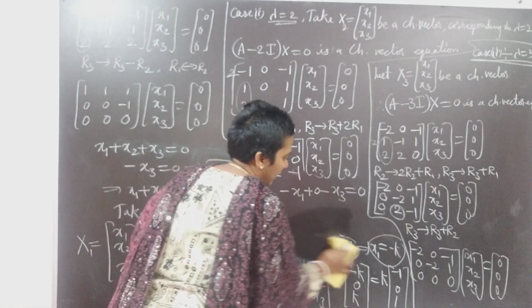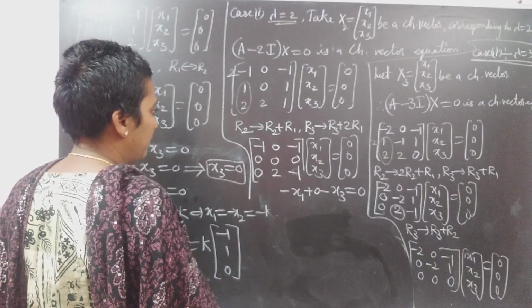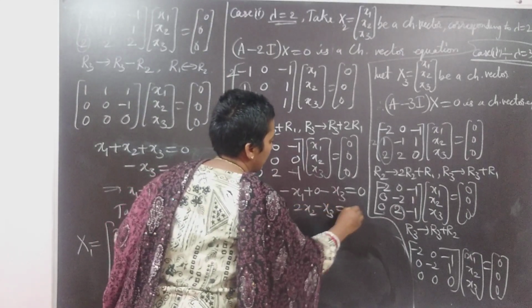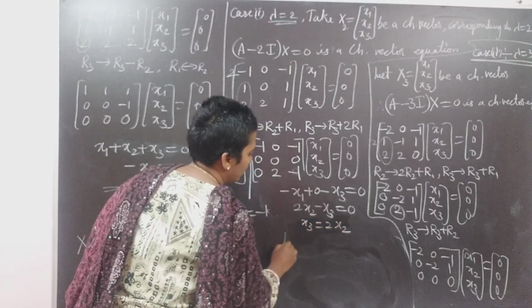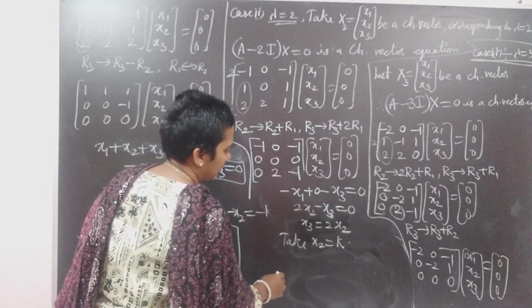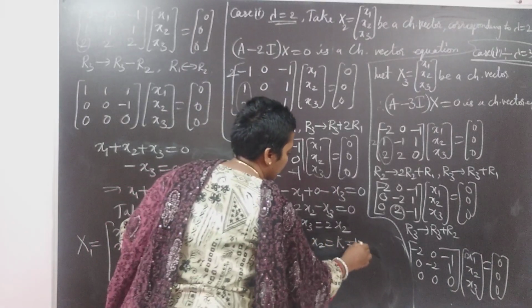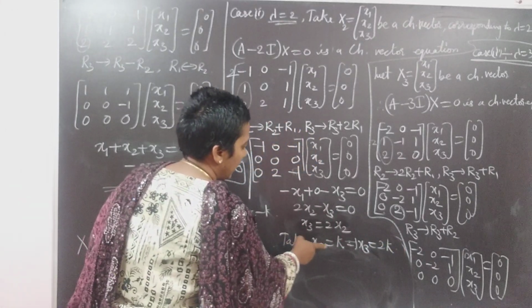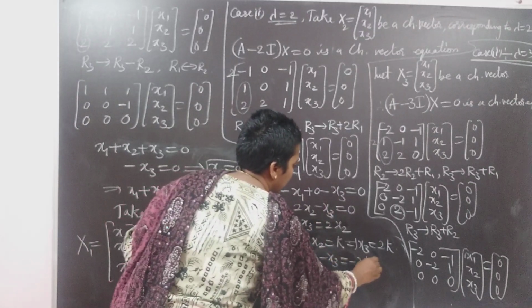Here we can write minus x1 minus x3 equal to 0, 2x2 minus x3 equal to 0. From this, x3 equal to 2x2. Take x2 equal to k, then x3 equal to 2k. Substituting x3 here, x1 equal to minus x3, that is minus 2k.